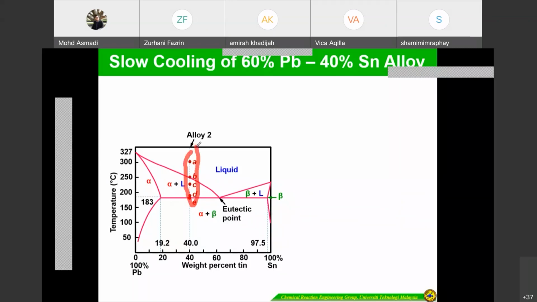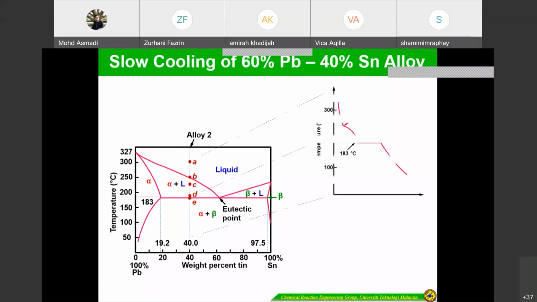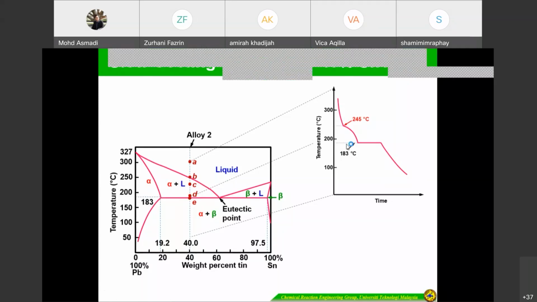How about we see temperature versus time, a different angle? When we see it from the different angle, temperature versus time, this is 245, 180 degrees. This one is the isothermal for the eutectic point.